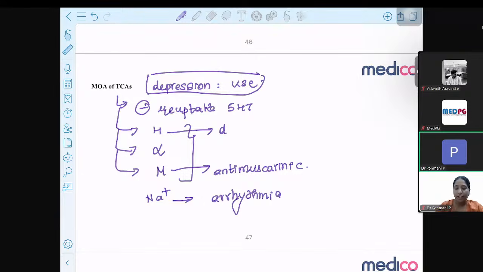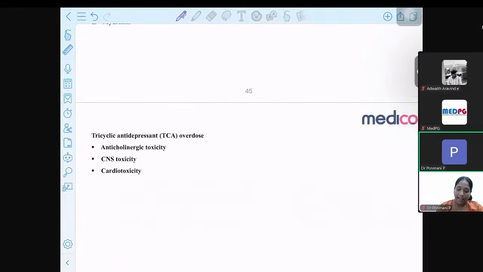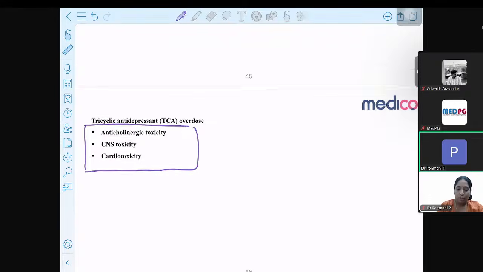That is, it blocks multiple receptors and hence multiple areas. That is why it is not the first choice in depression, right? So a classical TCA overdose has these three signs, that is anticholinergic, CNS toxicity, and cardiotoxicity.